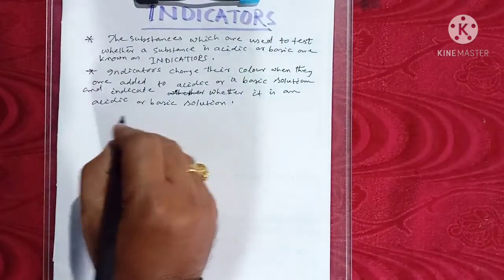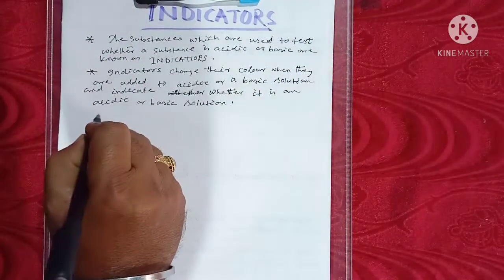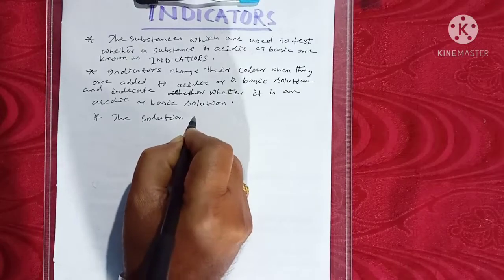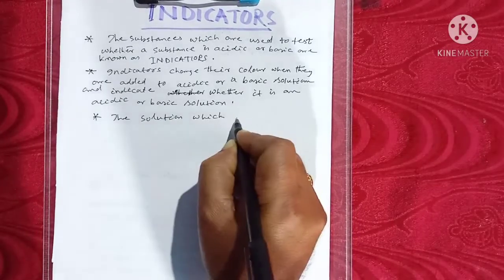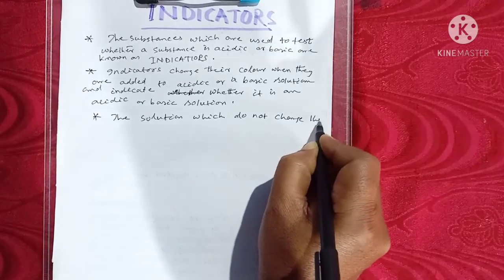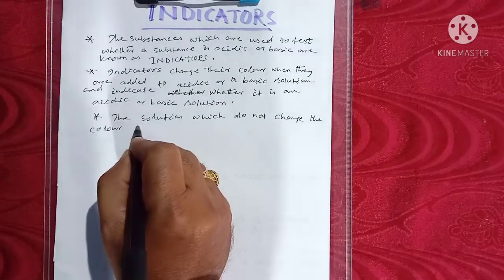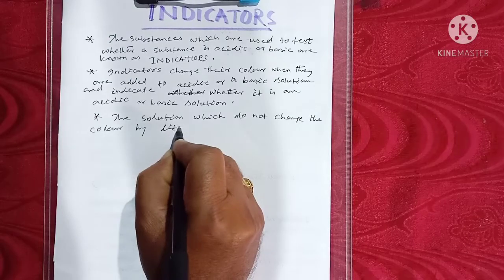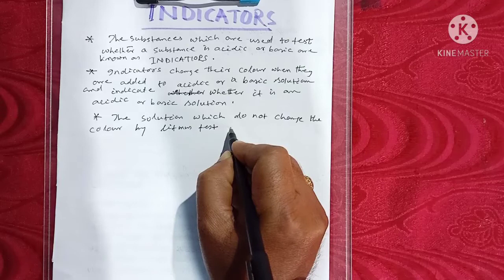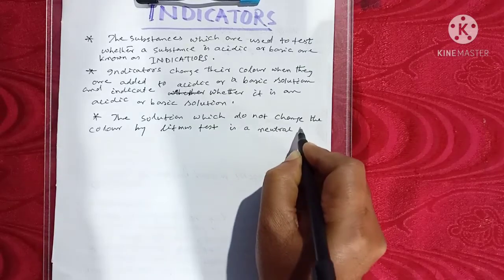So when there will be no change of color by the indicator, so the solution which does not change the color by litmus test is a neutral solution.